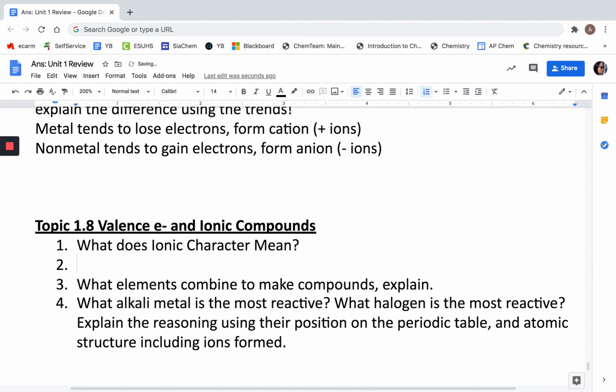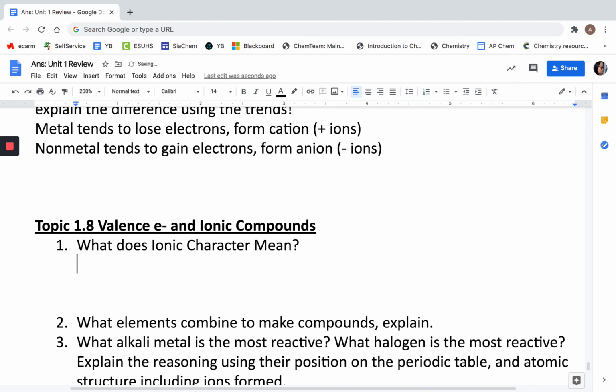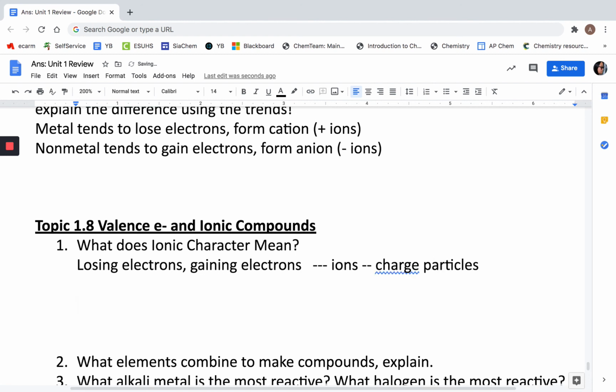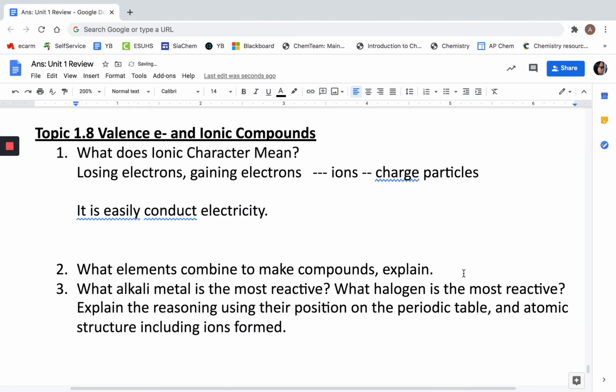Ionic character, that just means losing electrons, gaining electrons, right? So we're talking about ionic character, and that means ion, right? Think about it, it is a charged particle. So what does that mean? So ionic character means it easily conducts electricity.